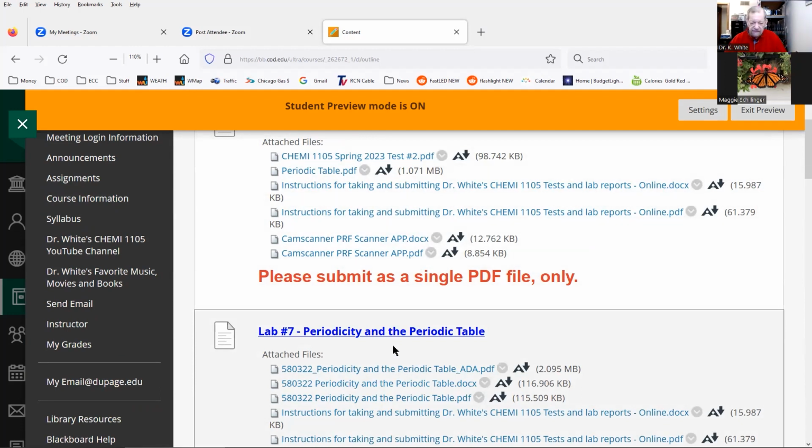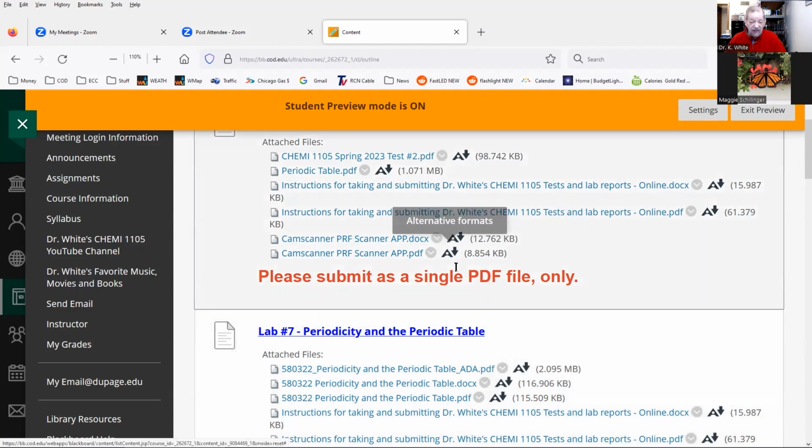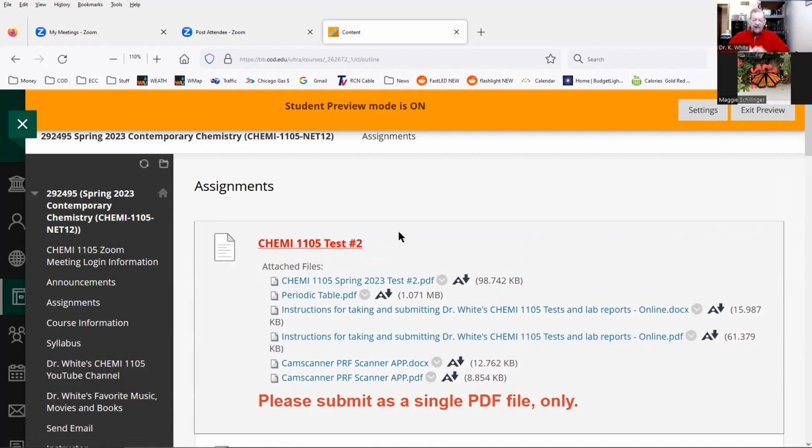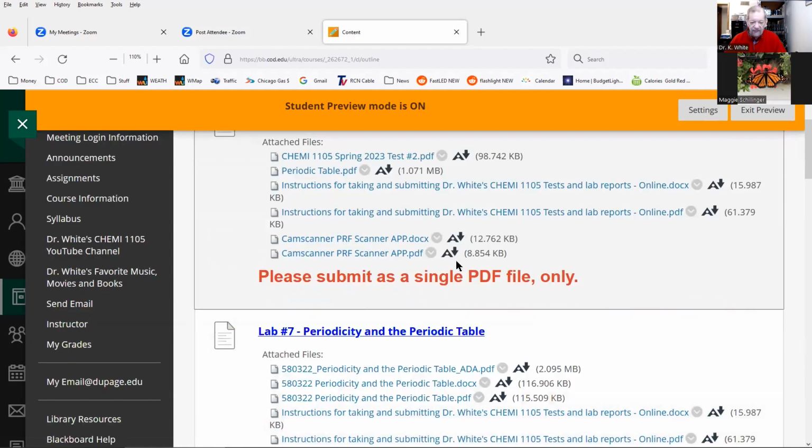I'll say that again: please submit this test as a single PDF file. I don't want to see a bunch of JPEG or picture files. The instructions tell you, if you do not have a scanner, how to take pictures with your cell phone and convert them into a single PDF file. That's all I want to see submitted.